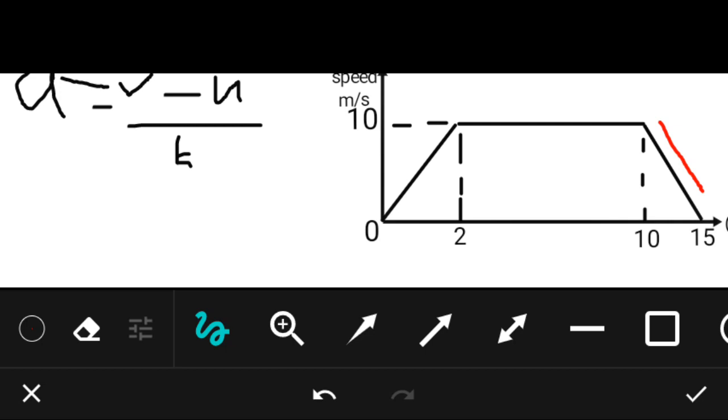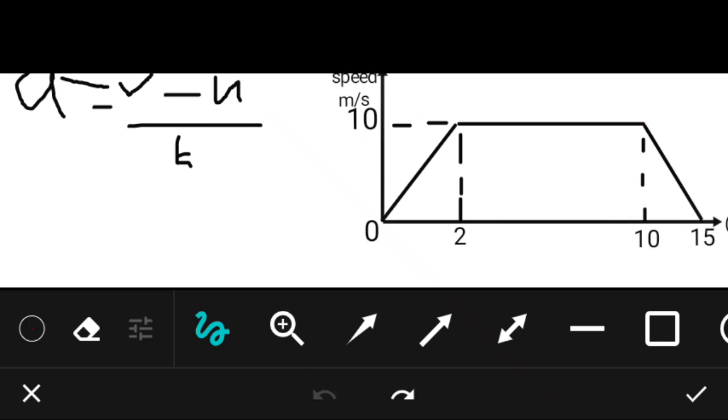It already had an initial velocity, which is 10, because it didn't start retardating from 0, but from 10. The final velocity this time around is 0. So the initial velocity is 10 and the final velocity is 0.